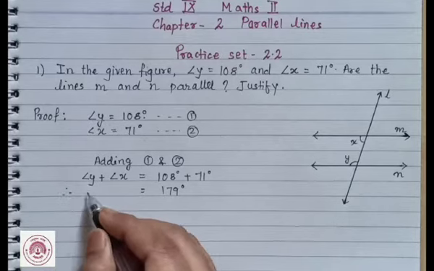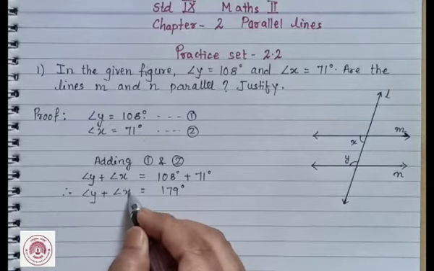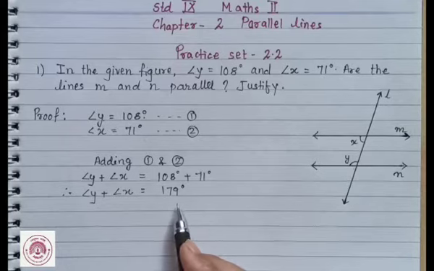So therefore angle Y plus angle X equals 179 degrees.